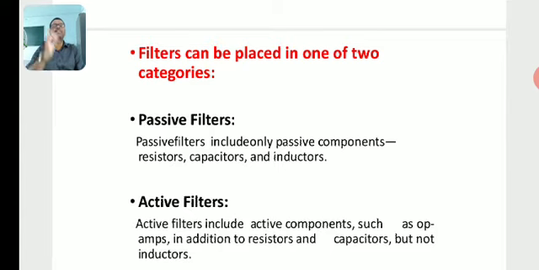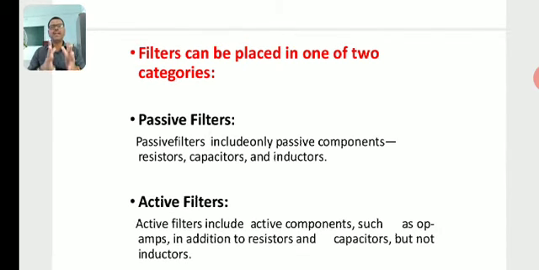Filters can be placed in one of two categories, passive filters and active filters. Passive filters include only passive components such as resistors, capacitors and inductors. Active filters include active components such as op-amps in addition to resistors and capacitors, but not inductors.